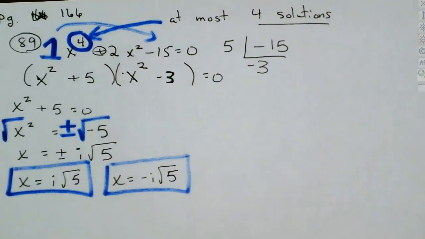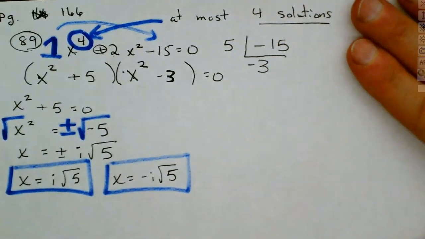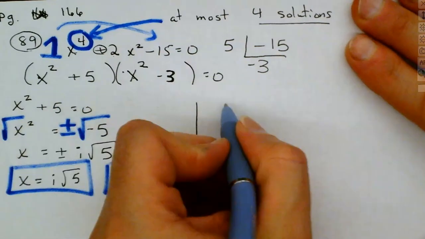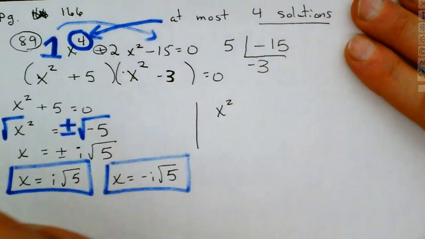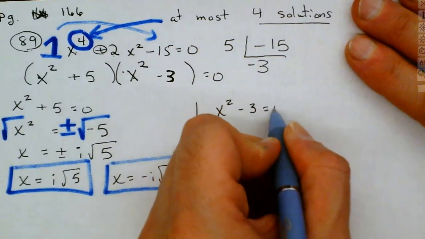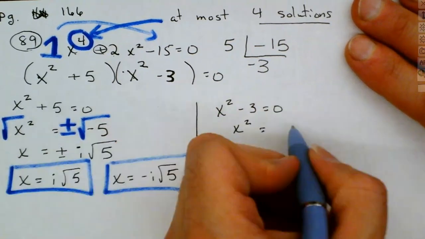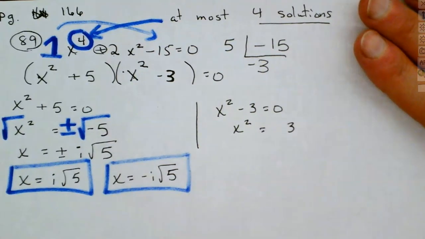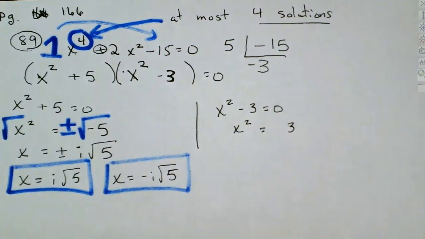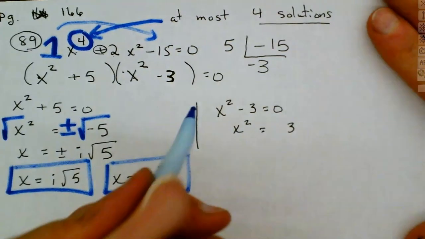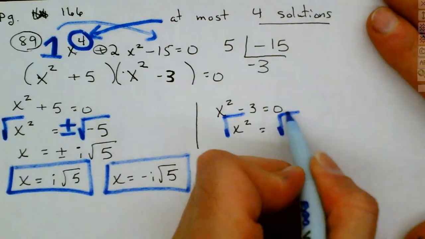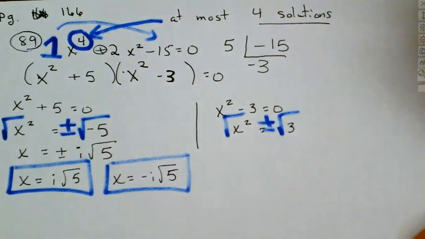So is everyone okay with that so far? 2 solutions from there. What about the other one? X squared minus 3 equals 0. So x squared equals 3 when I move it over, right? And again, how do we get rid of a square? Square root. And do not forget that plus or minus.